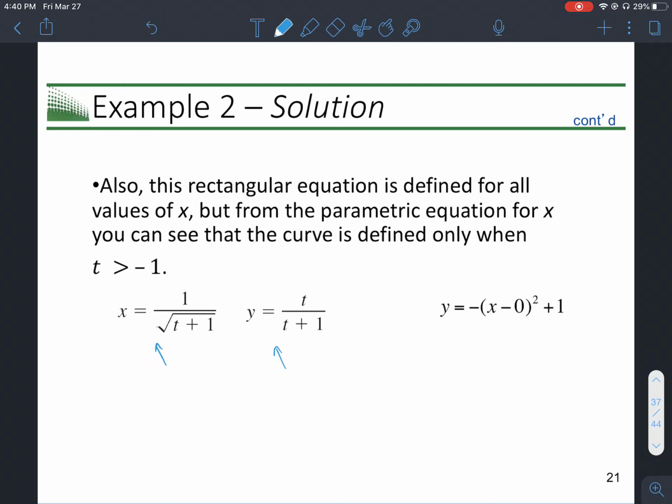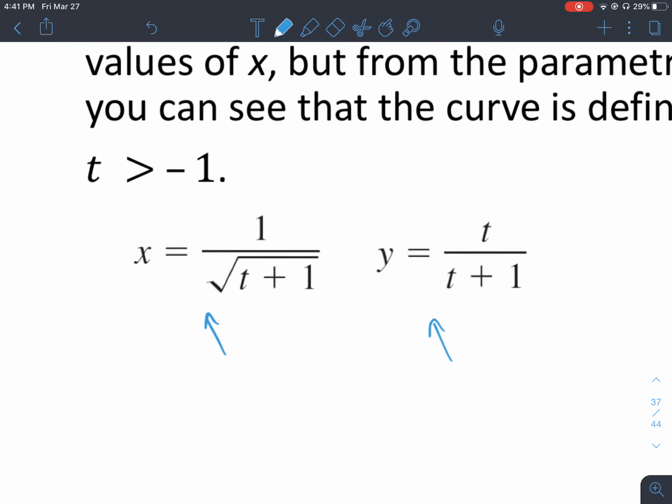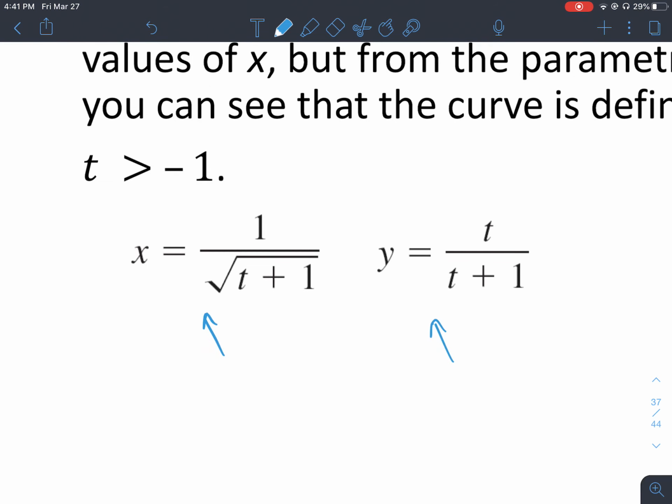So we want to think through: if my t value has to be greater than -1, what's the lowest value you could have for your x? I can't put -1 in for t, but I could put in -0.5, or -0.9, or -0.999. If I did that, the denominator is getting really, really small.